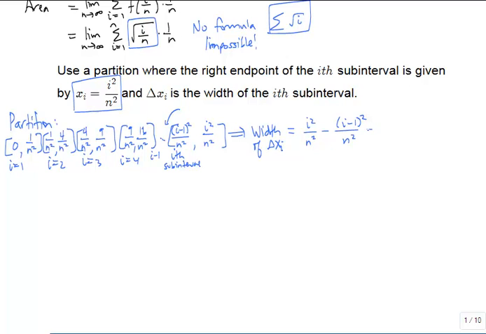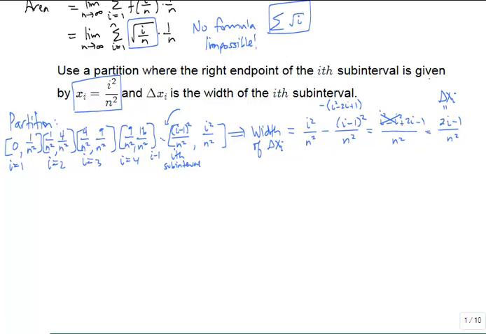This has a common denominator already, so this is just going to be i squared minus, and I'm going to FOIL out (i minus 1) quantity squared. So that's i squared minus 2i plus 1, but we have this negative in front of it, so I have to distribute that minus across. So it'll become minus i squared plus 2i minus 1. So the i squareds cancel, and this is (2i minus 1) over n squared. So this is now our delta x sub i.